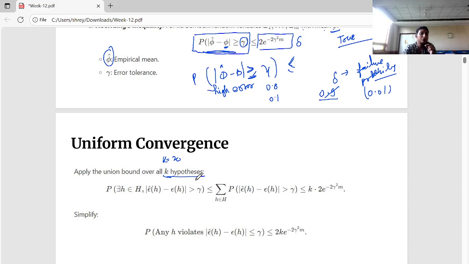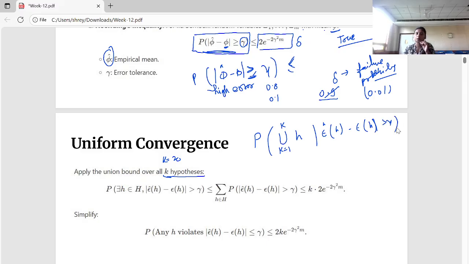I want to calculate this probability for all of the hypotheses. So it means the union of the hypotheses, k equal to 1 to K. For all the hypotheses, I want to calculate the probability that the difference between empirical error and generalization error is greater than gamma.